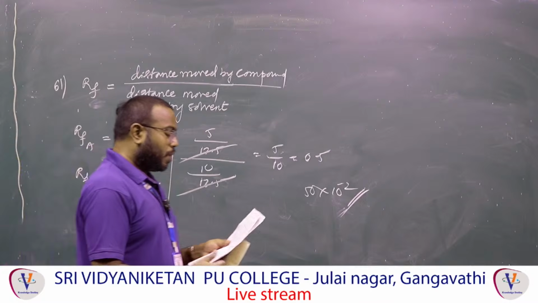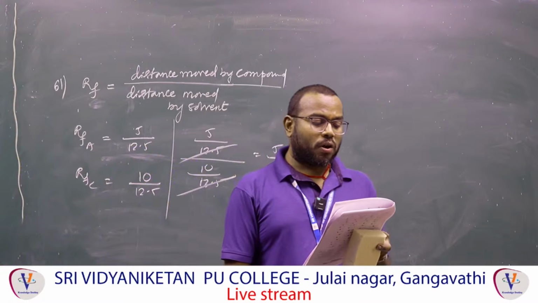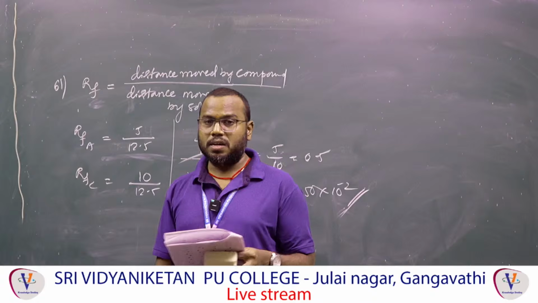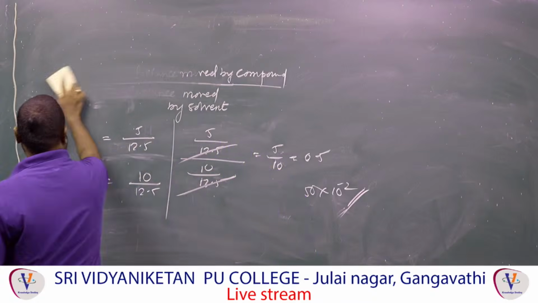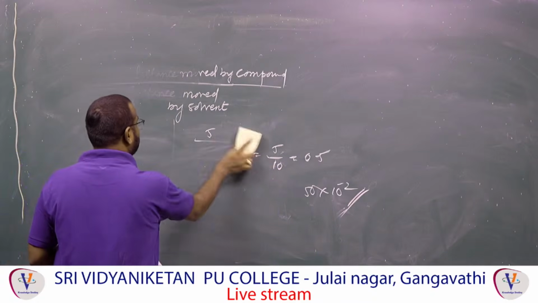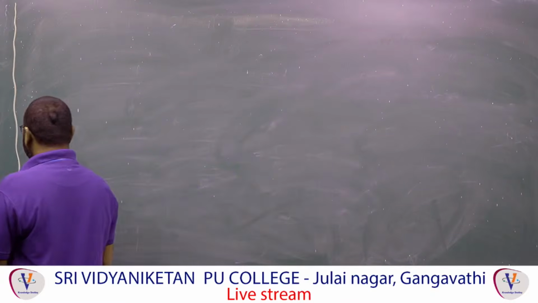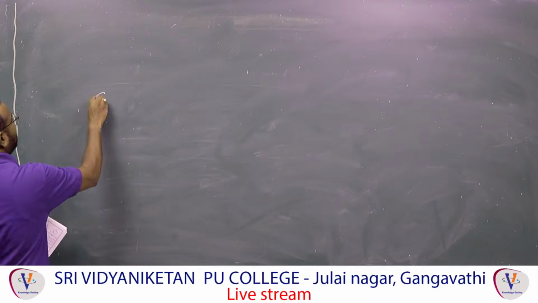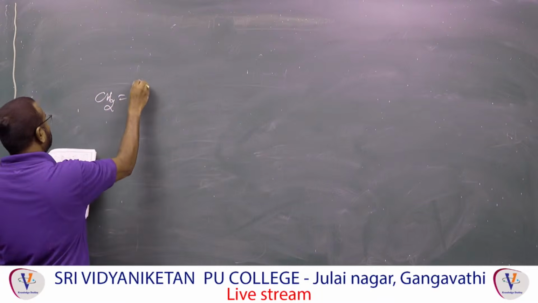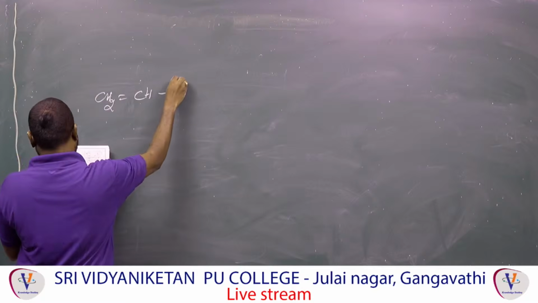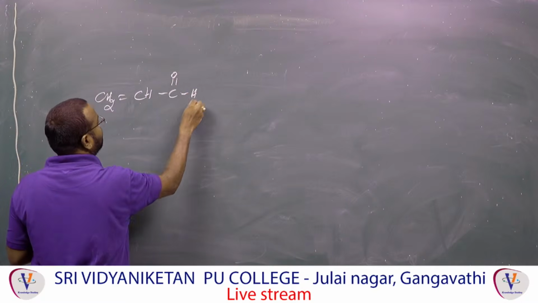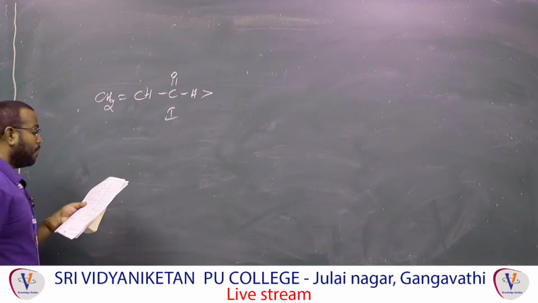Moving on, 62. Relative stability of the contributing structures is, we have to find out the relative stability of the contributing structures given there. Always the neutral one is more stable actually. Therefore CH2 double bond CH, C double bond OH, this is the topmost stable compound.